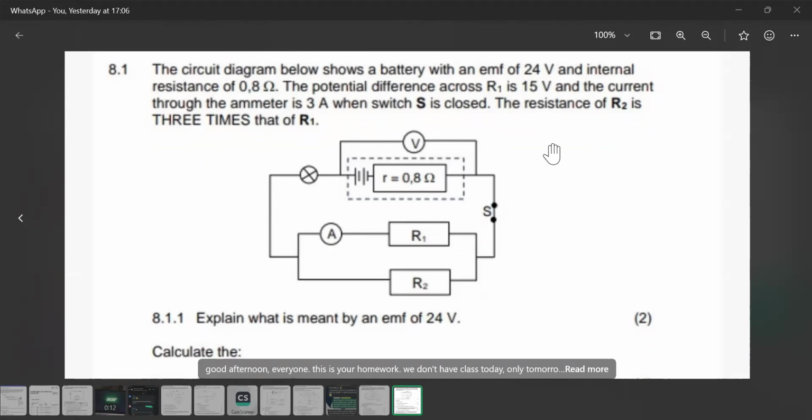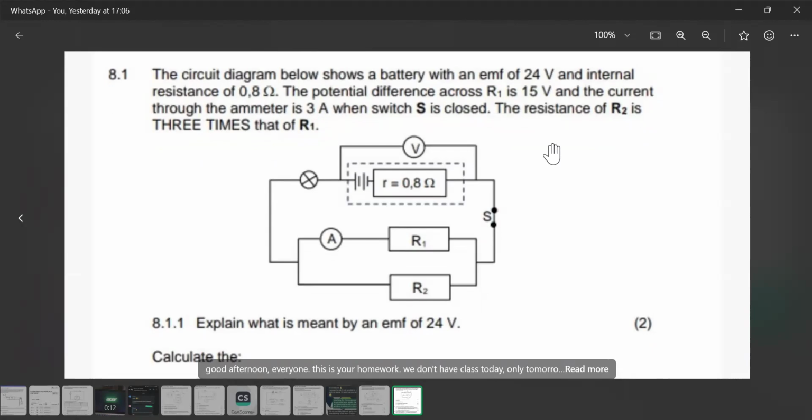The potential difference across the resistor R1 is given to us as 15 volts, and the current through the ammeter A is 3 amperes. When the switch is closed, the resistance of R2 is 3 times that of R1.